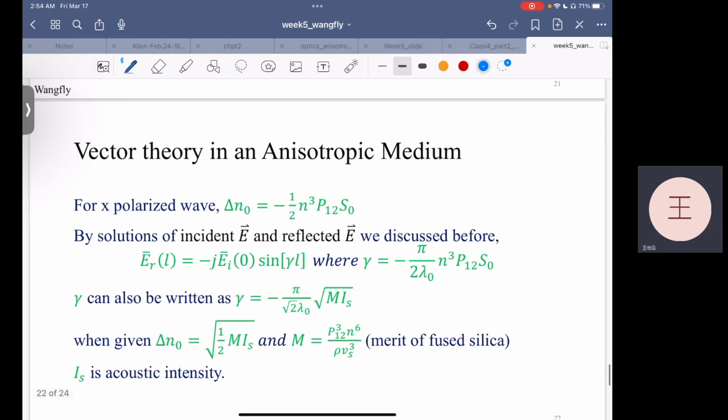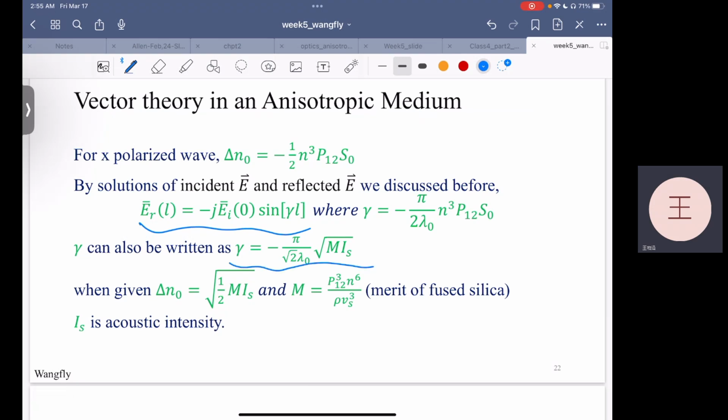And so we plug in the solution we have obtained before, and we will get the reflected electric field at the crystal length to be this form.